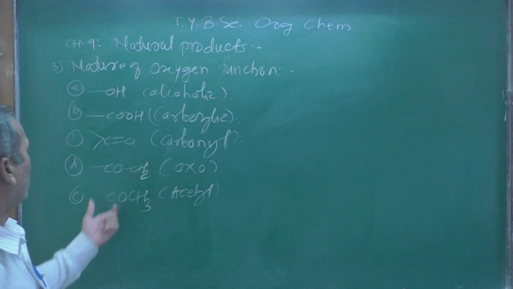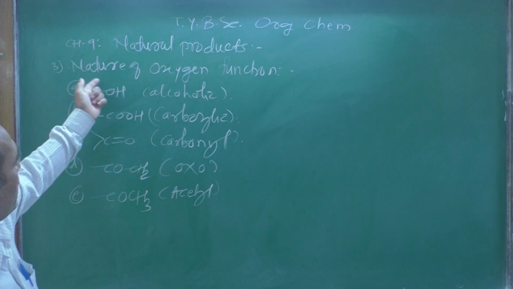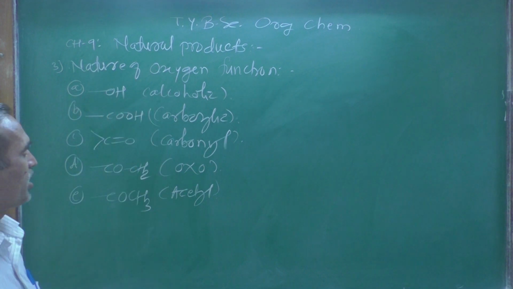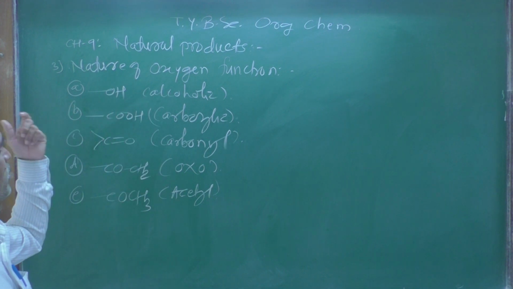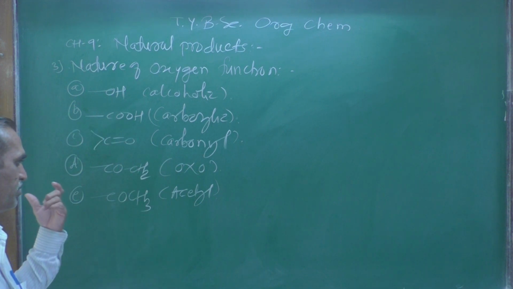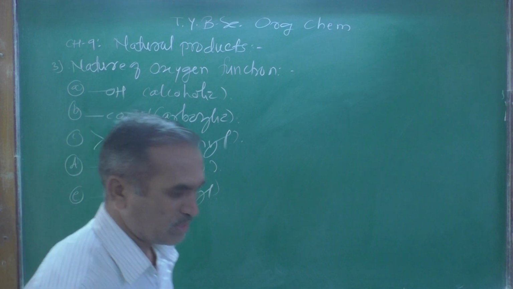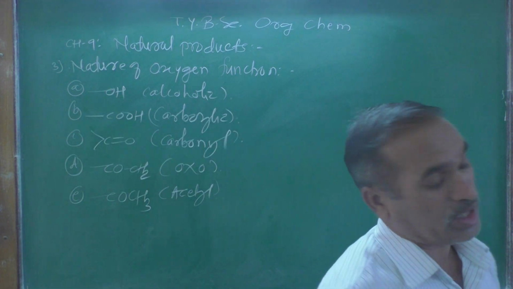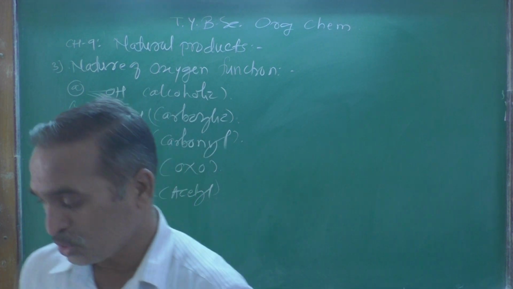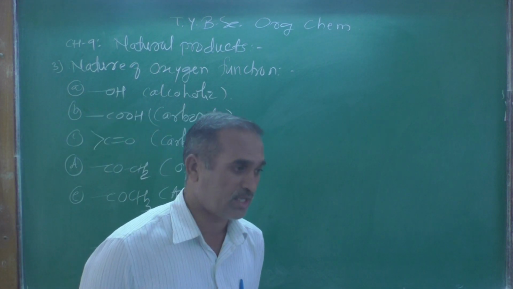Look here, there are 5 natures of oxygen function. It may be present in alcoholic form, hydroxyl group, then carboxylic group, carbonyl group, oxo group or acetyl group. So these are the various forms in which the oxygen atom may be present. How do you detect it?